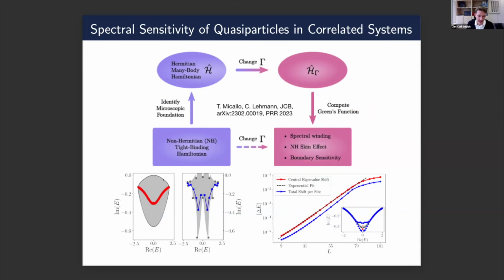What happens here is that the spectrum, which is focused on the gray circle here, has this ring shape, so it has a winding around some point in complex energy, which signifies the topology of the system, and then it completely changes. So I just change one matrix element from periodic to open boundary conditions, and then this spectrum collapses to this red arc. And there's another very interesting feature during this collapse as a function of one small matrix element in a very big system.